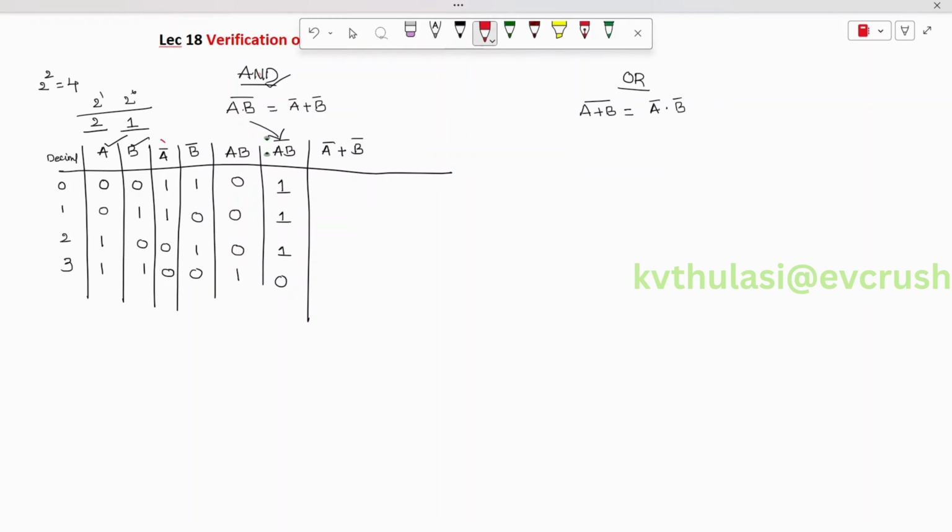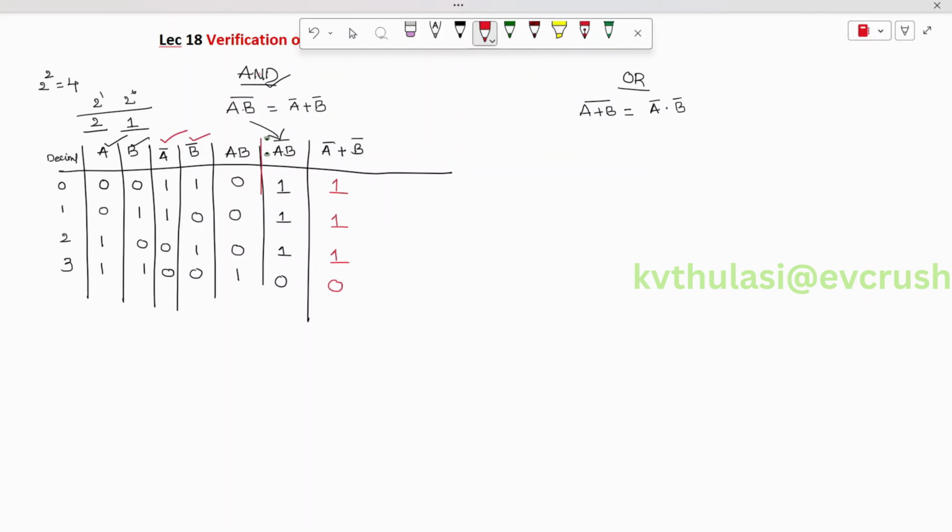Now for these two values, A bar and B bar, you have to perform the OR operation. OR means if any one is 1, then you get 1. If both are 1, automatically you get 1. So here 1 is already there, you get 1. Here also 1 is there, you obtain 1. Both are 0, so you obtain 0.